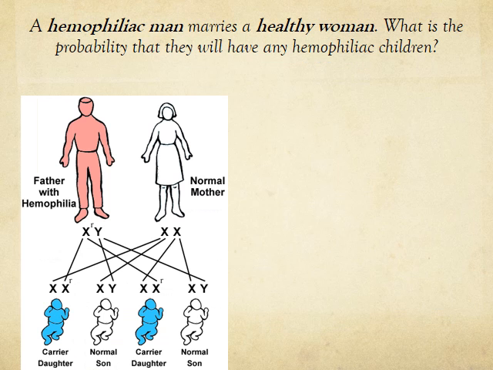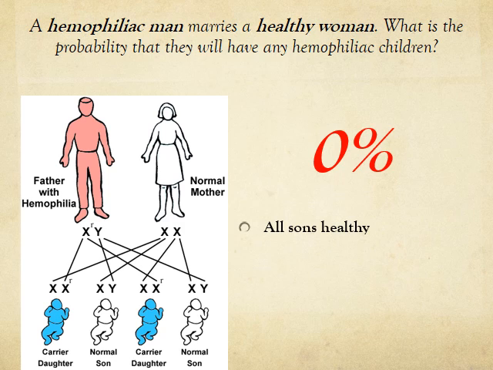So let's say we have a hemophiliac man that marries a healthy woman, what's the probability that they'll have any hemophiliac children? That is a 0%. All the sons would be healthy because males get their X chromosome from their mother. However, what this means is that all the daughters would be carriers.